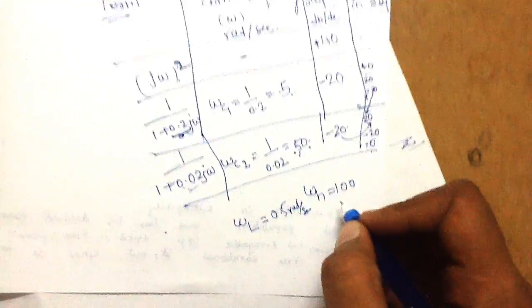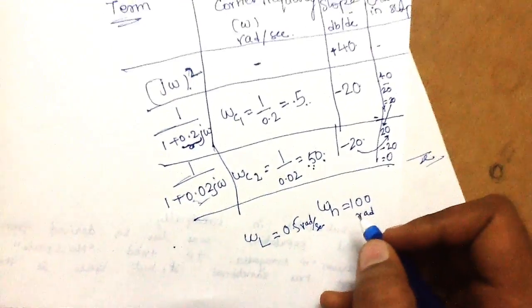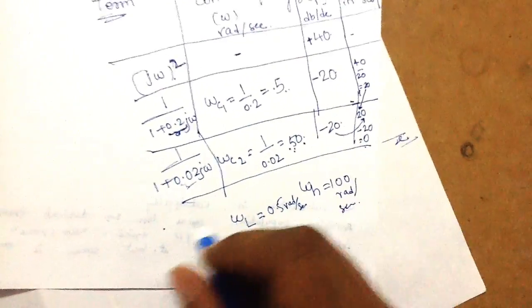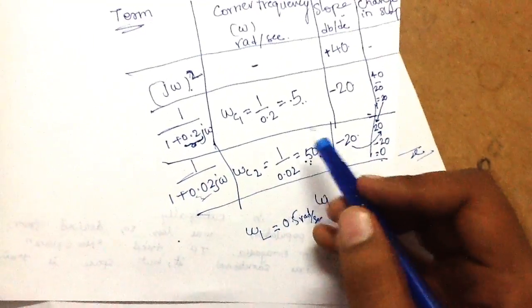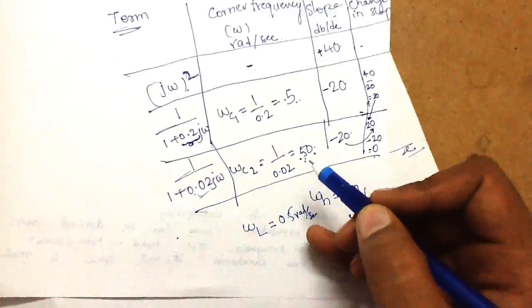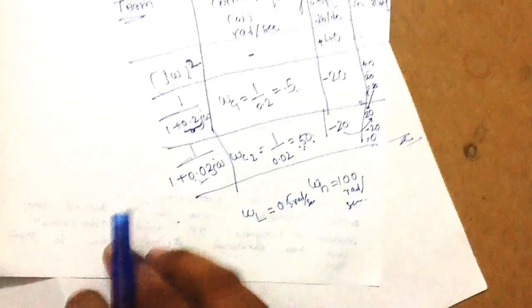Let me just make it clear that you can take 75, you can take 51, you can take 60, you can take whatever value you want for omega. The only condition is one frequency should be less than omega c1 and the other should be greater than the maximum corner frequency which you have obtained from the terms.